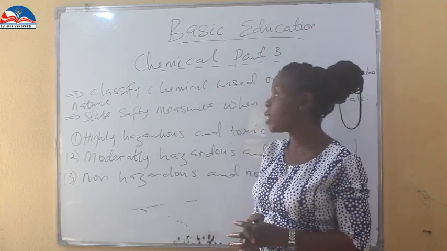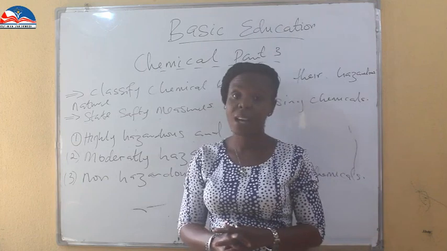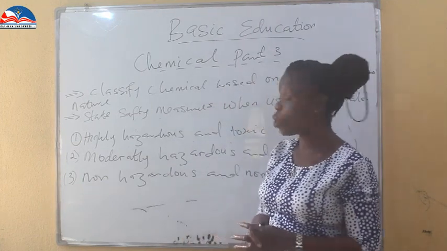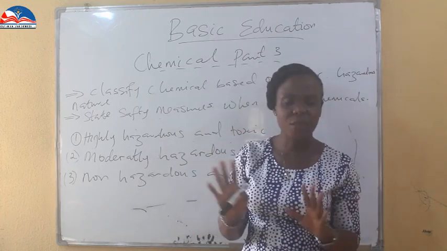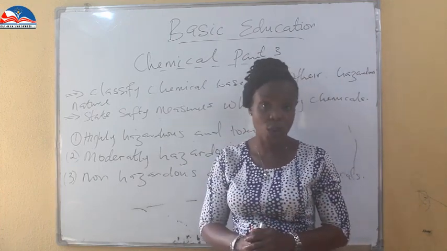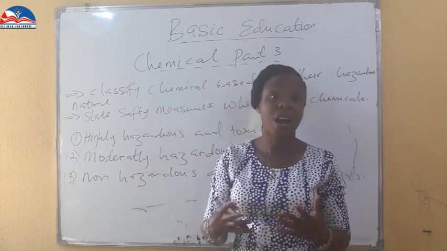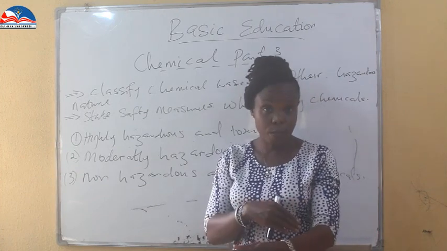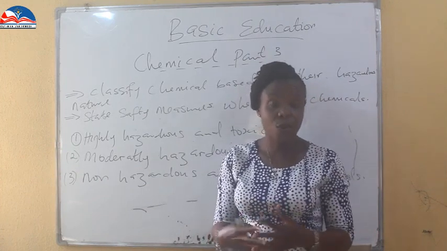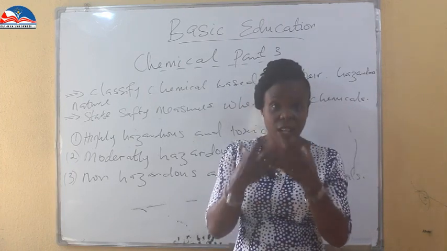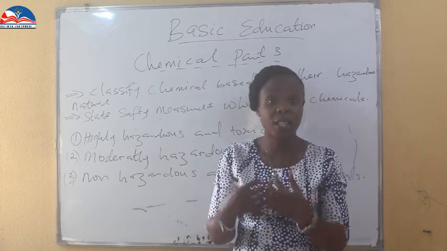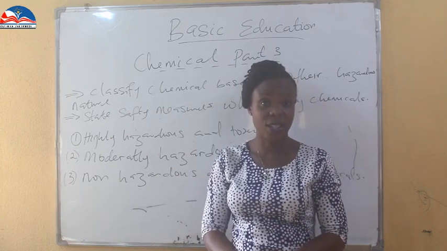When we say that a chemical is highly hazardous and toxic, it means that the chemical is not friendly at all. It's going to be harmful to the skin, harmful to the organs of the body, harmful in inhalation. When you inhale it, it's going to have a negative effect in the system.